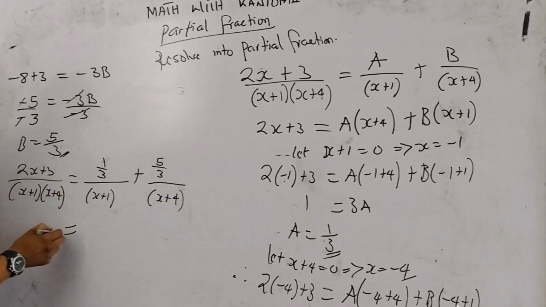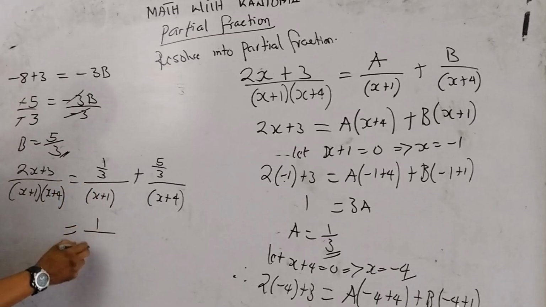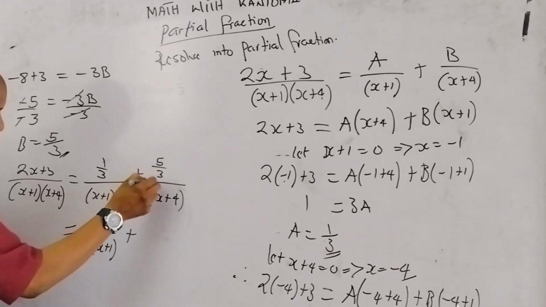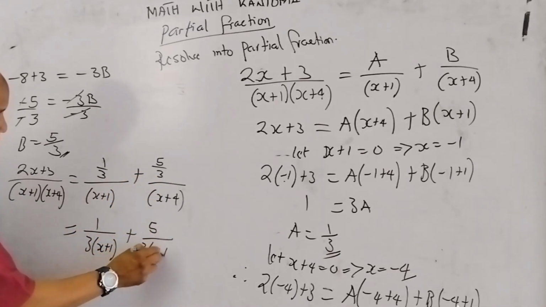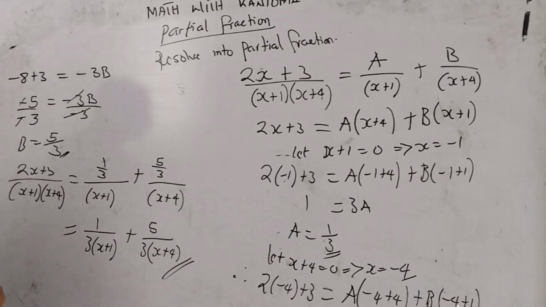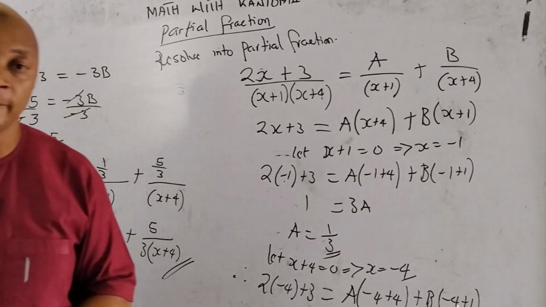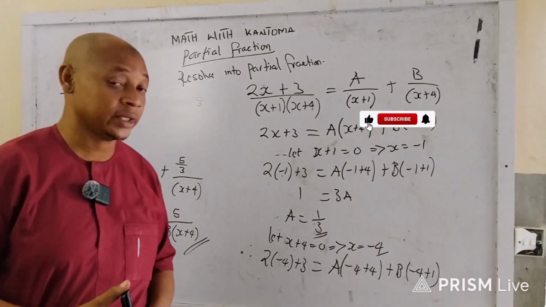This is the same thing as, if you remove the division sign, we are going to have 1 over 3 into x plus 1, plus 5 over 3 into x plus 4. So now this is the resolution into partial fractions as given from the initial question.